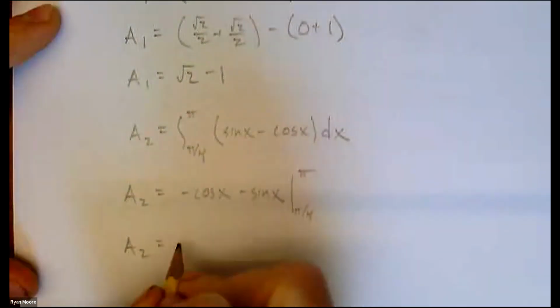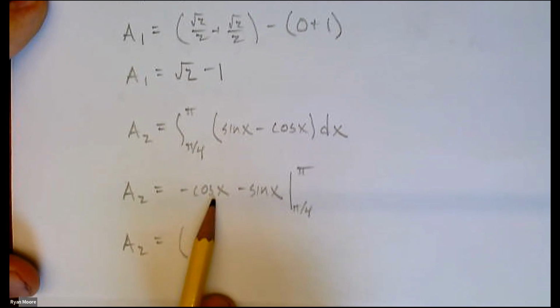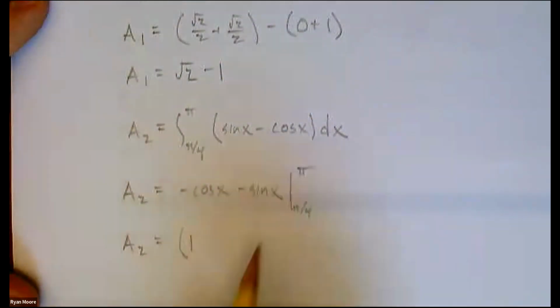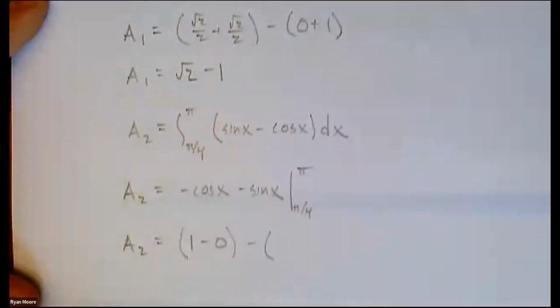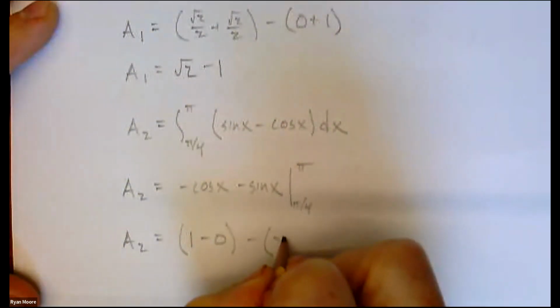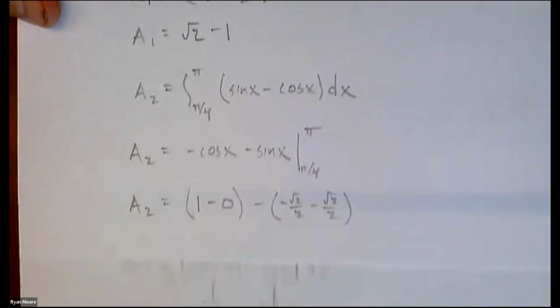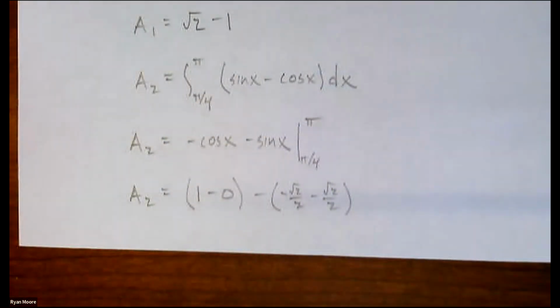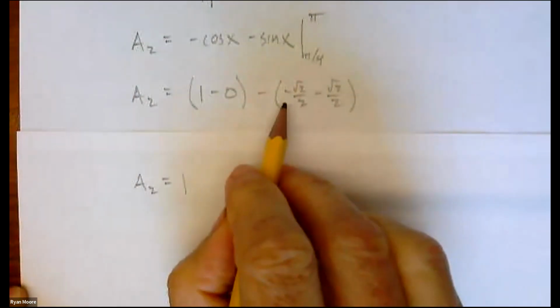I'm just going to think about these being plugged in. Plugging in pi. Cosine of pi is -1, but then another negative makes it +1. Sine of pi is 0. Pi over 4, negative root 2 over 2, minus root 2 over 2. So area 2 is 1 plus root 2.